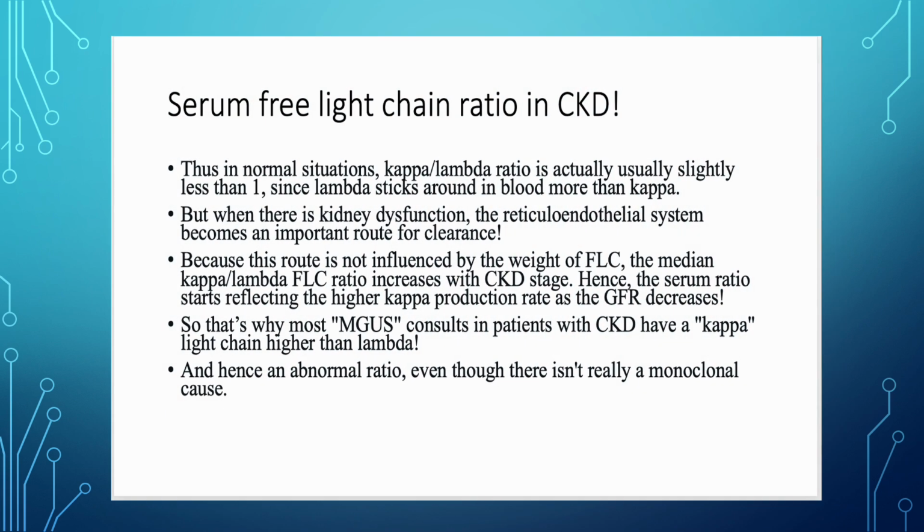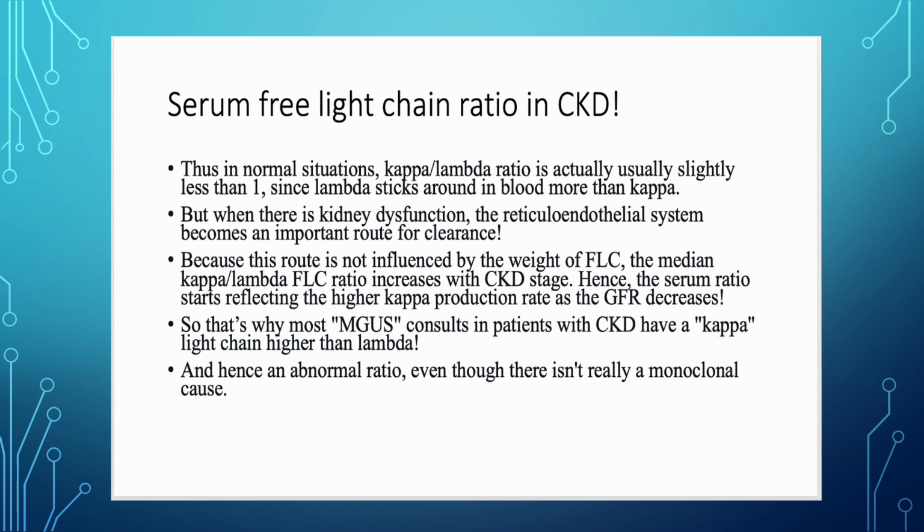So in a normal situation, the kappa lambda ratio is usually slightly less than 1 since lambda sticks around in blood more than kappa. But when there's kidney dysfunction, the reticuloendothelial system becomes an important route for clearance. Now, this route is not influenced by the weight of the free light chain. The median kappa lambda FLC ratio increases with CKD stage.